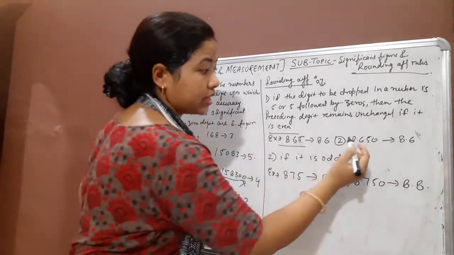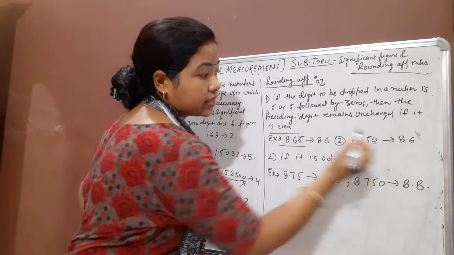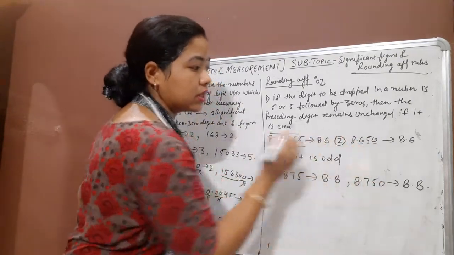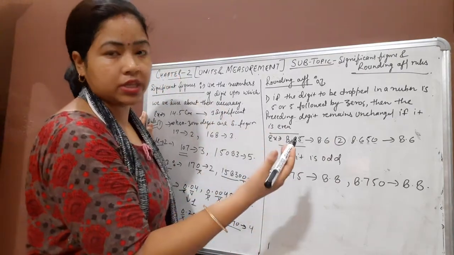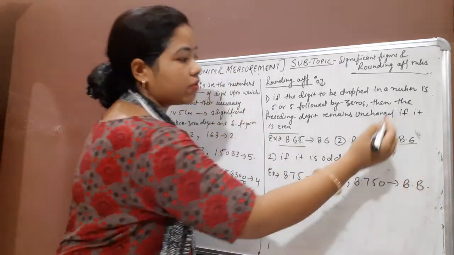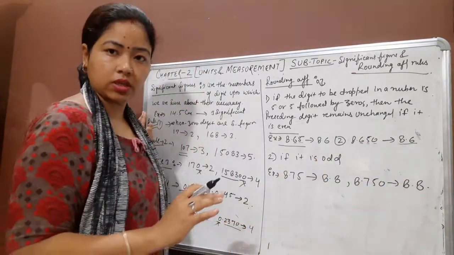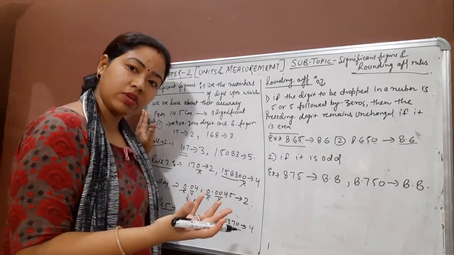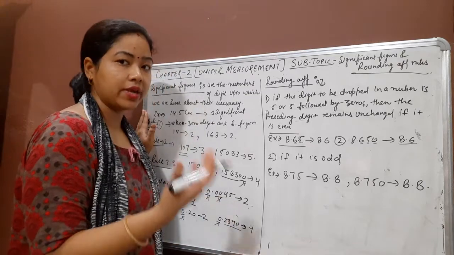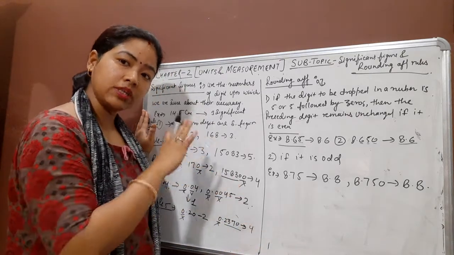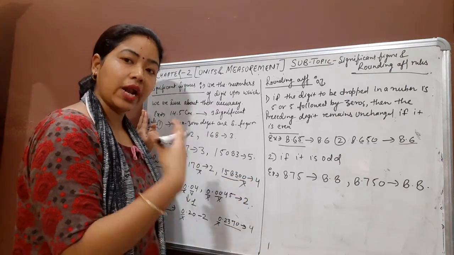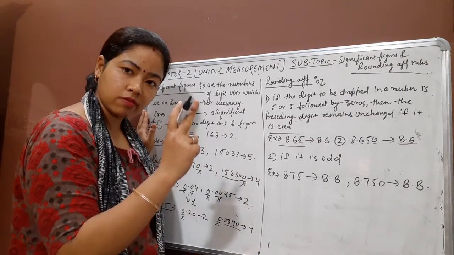Now the second example: if 5 is followed by 0 and the preceding digit is an even number, in that condition also the rule remains the same. That means the rounding off of this value will be 8.6 only. That means if the preceding digit is even, or 5 followed by 0, in both conditions the preceding digit remains unchanged. So the preceding digit will not be raised by 1.